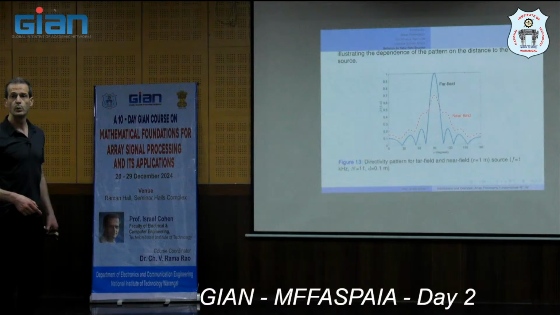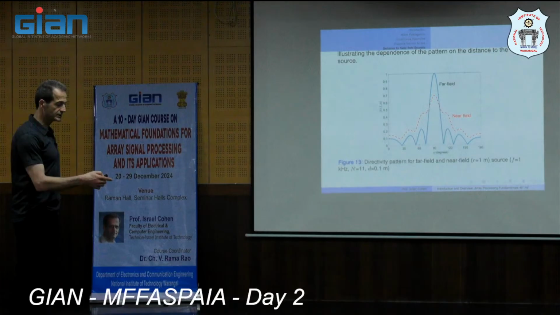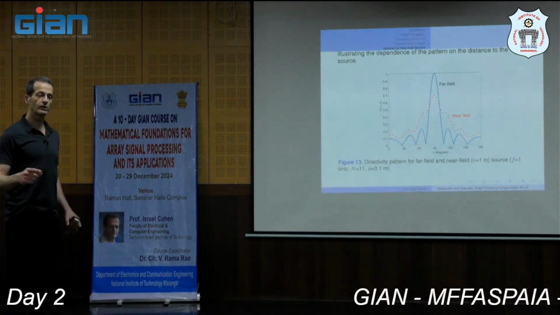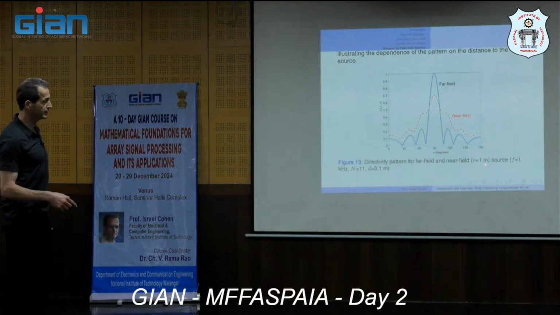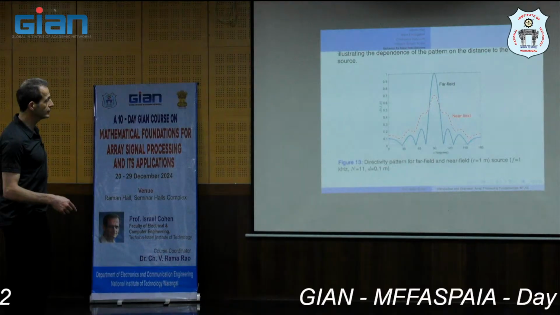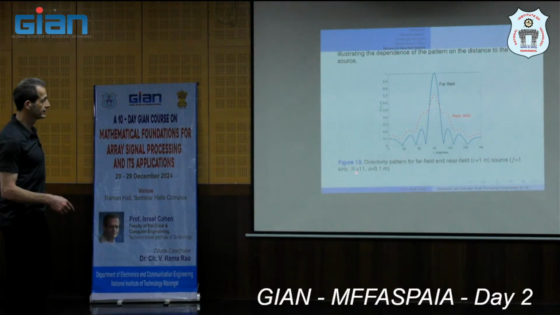With a far field source that comes from a certain direction, we will not get any signal at the output, because the signals that come to all the sensors cancel. In this case we have specific values. This is the far field, the blue line, and we assume that theta is pi divided by 2, 90 degrees. For a certain frequency, 1 kilohertz, we have 11 sensors, and the distance between sensors is 0.1.